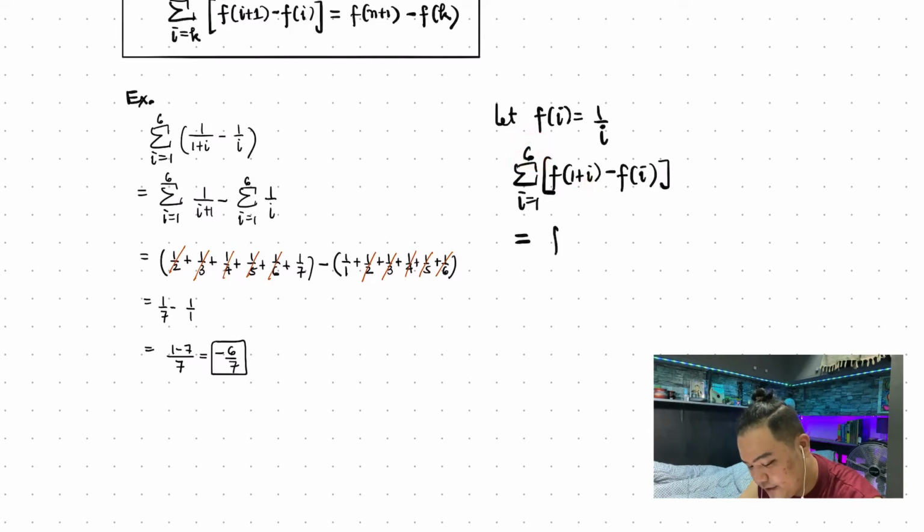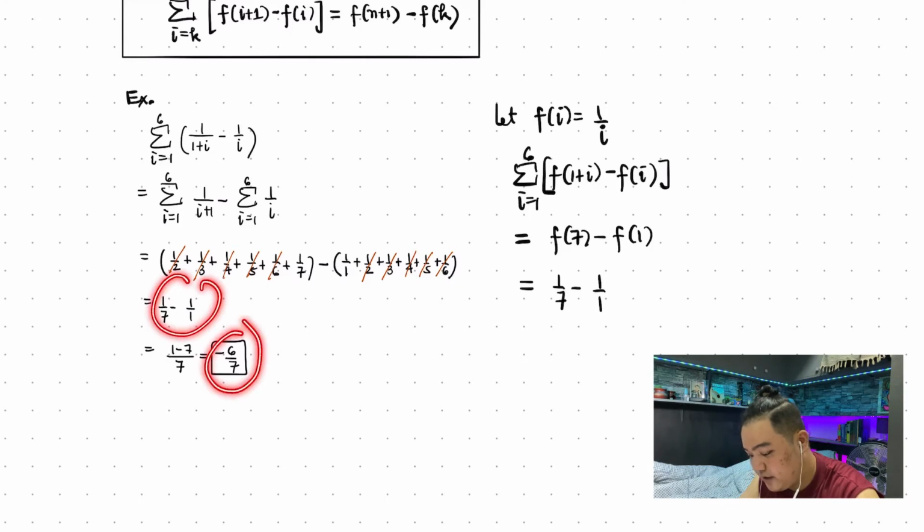So, you get f of 7 minus, sa lower naman, 1 lagay sa I doon, f of 1. Which is, ano ba yon? What is f of 7? 1 over 7 minus, ang I mo 1, 1 over 1. Which is ito na, or negative 6 over 7.